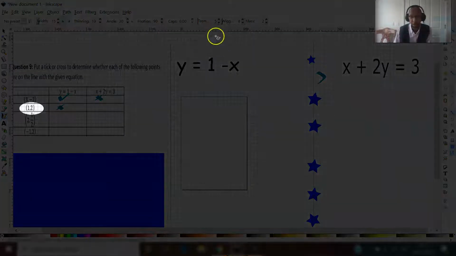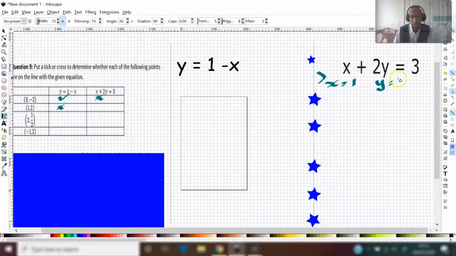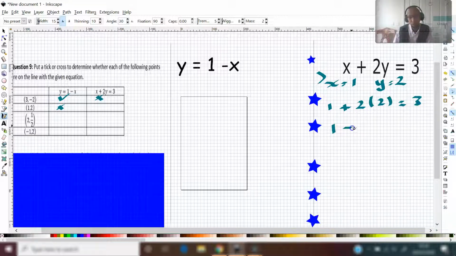So we have our X value to be 1 and our Y value is 2, and we want to see if that equals 3. That would be 1 plus 2 times 2, which is 4, so it's not going to equal 3, because that's 1 plus 4.